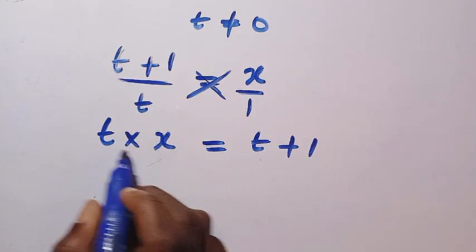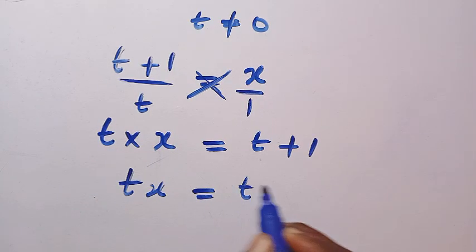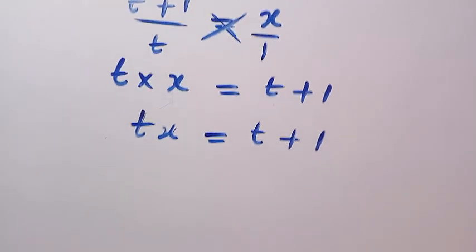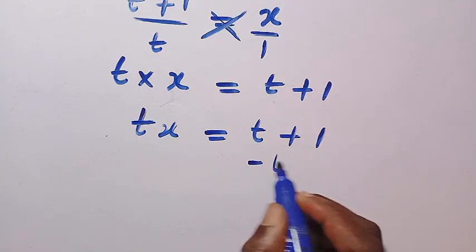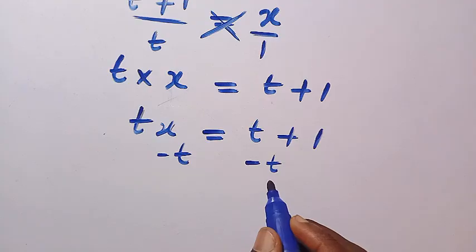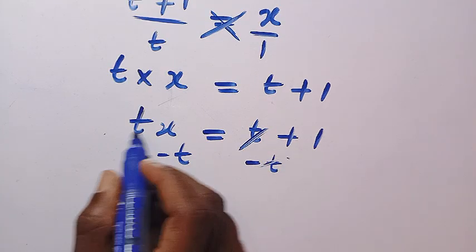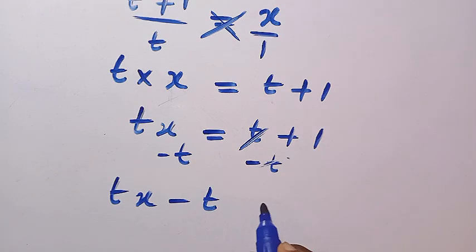Then tx equals t plus 1. Next, let's subtract t from both sides. The t and t cancel, and we are left with tx minus t equals 1.